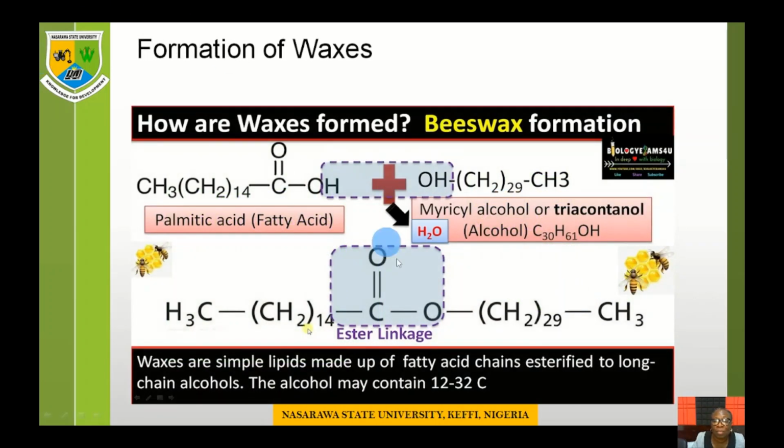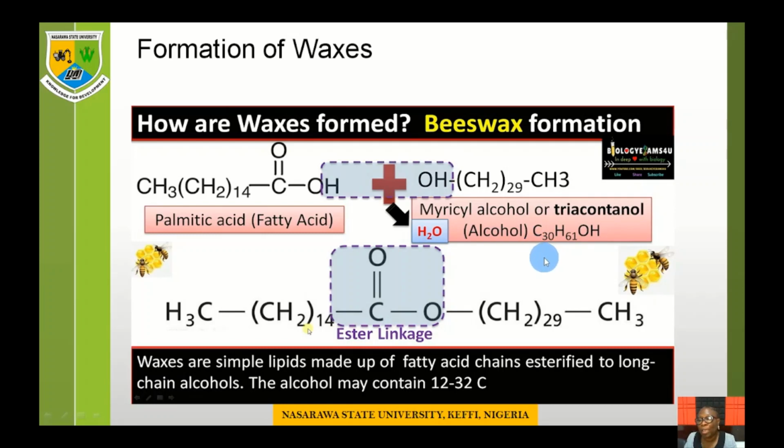Now, this is how a wax is formed. It is also an ester linkage. This is the palmitic acid, which is a fatty acid, and then you have the myricyl alcohol or triacontanol.